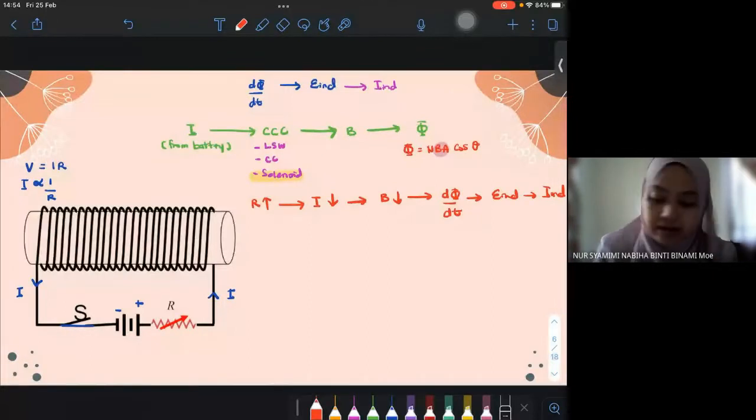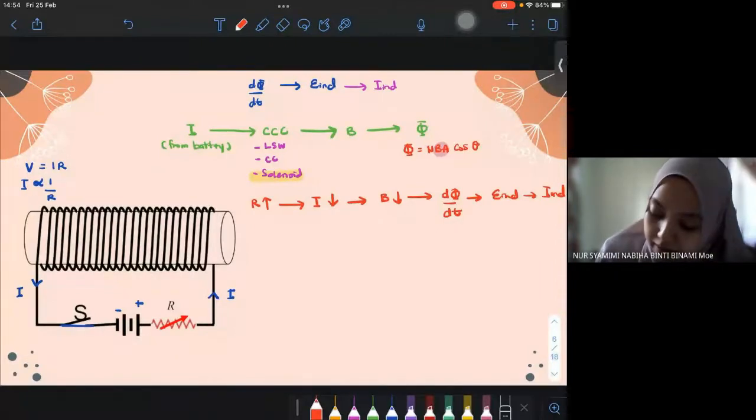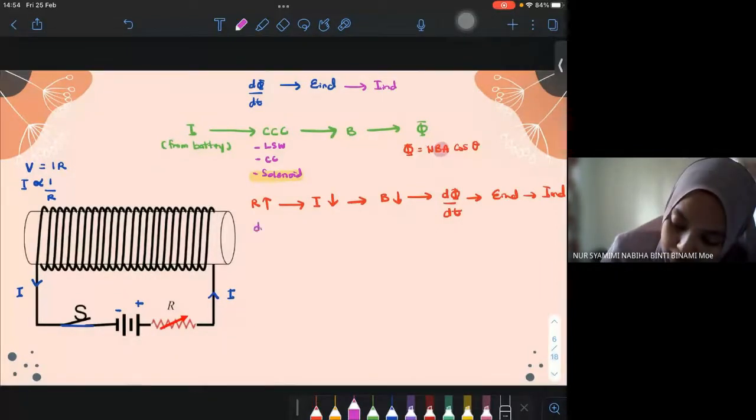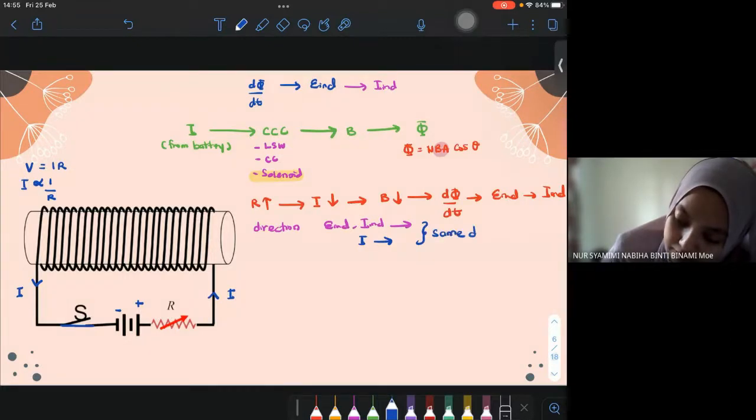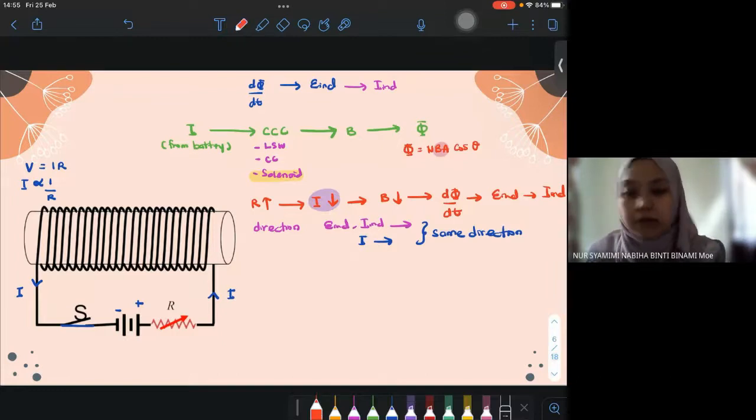Dan bila I decrease, direction of E induced dan I induced akan sama direction with the I yang asal. Same direction.